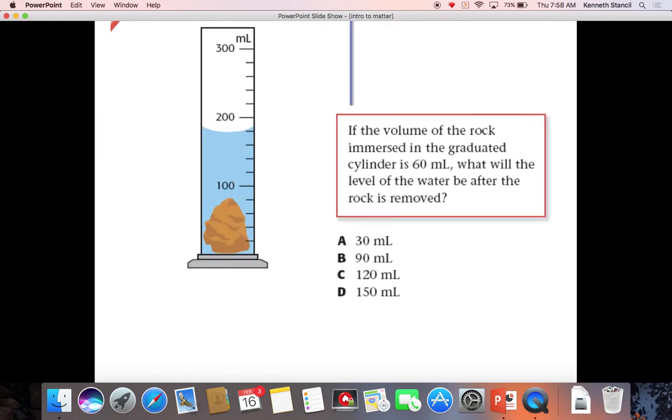Let's look at another one. If the volume of the rock immersed in the graduated cylinder is 60 milliliters, what will the level of the water be after the rock is removed? Think about that for a second. All right, what's the question asking me?